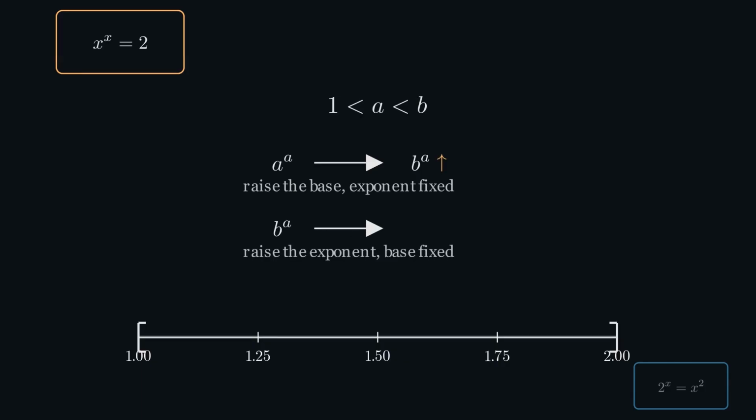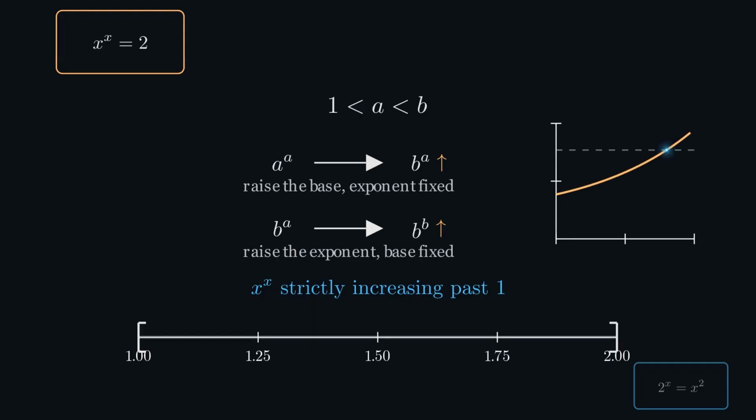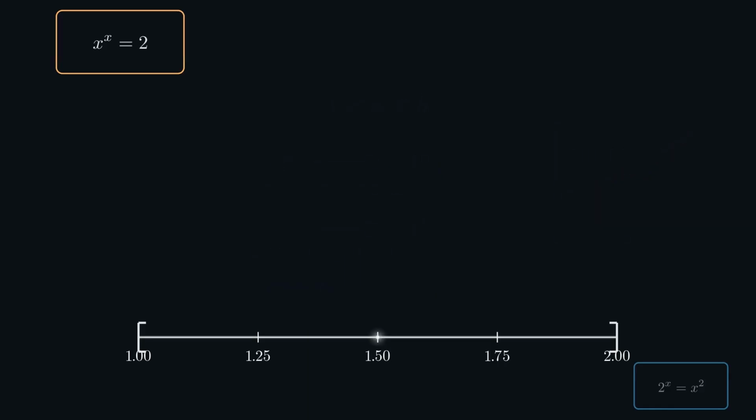Now raise the exponent, new base held fixed. A base above 1 to a bigger power is bigger again. Two moves, each one strictly upward. So the smaller input always loses. x to the x is strictly increasing past 1, which means exactly one crossing.